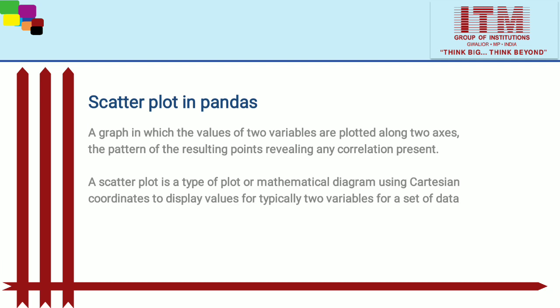This is the most important method, and most of the time students are using this scatter plot. I think the scatter plot is the part where most students get confused.